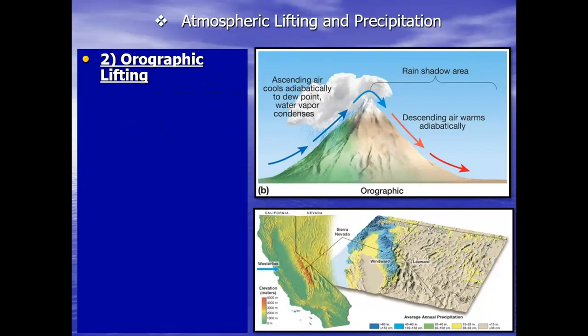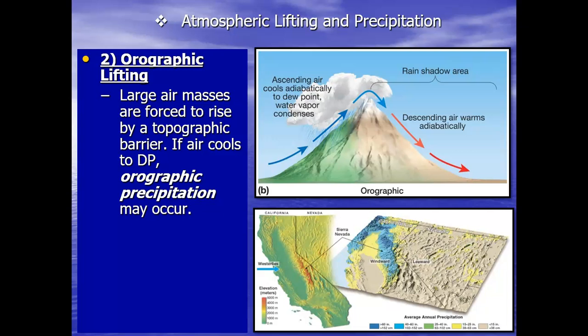Our second type of lifting is orographic. And here we looked at this again in the video on the adiabatic processes. But our large air masses, the lifting mechanism here that forces those masses to rise is the topographic barrier.